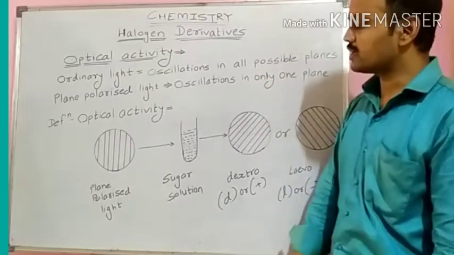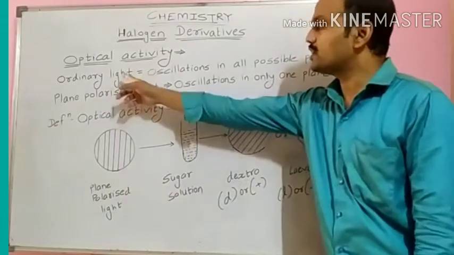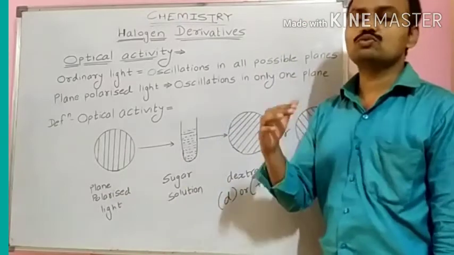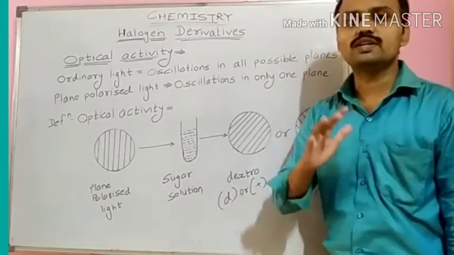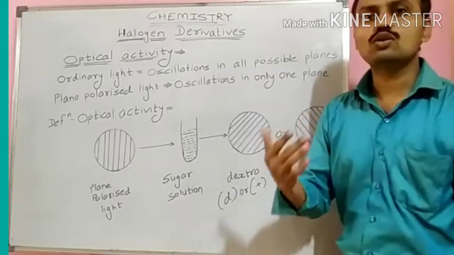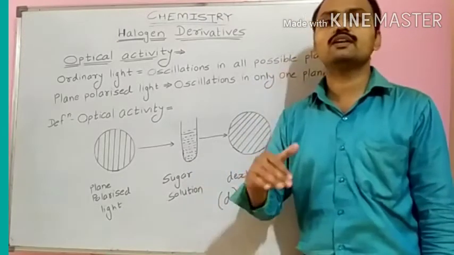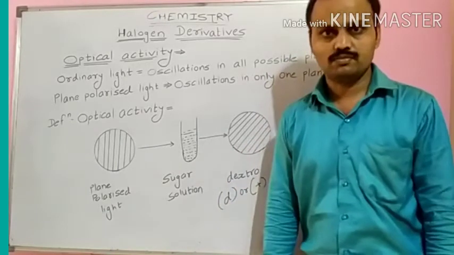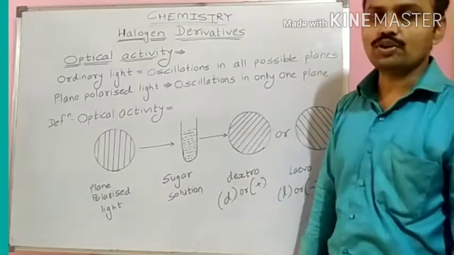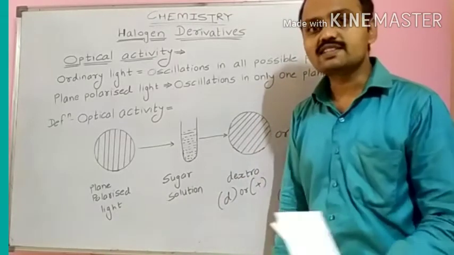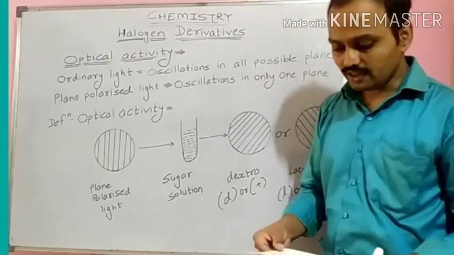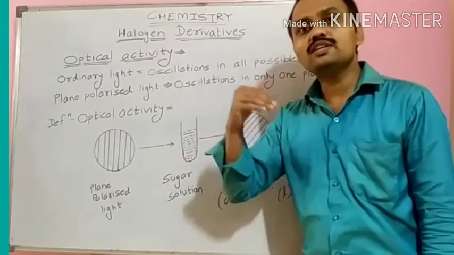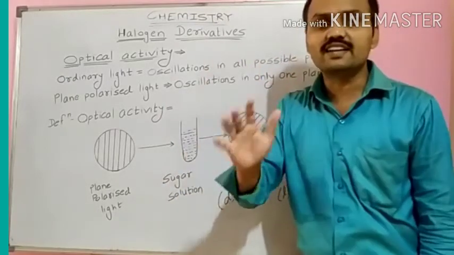One more remarkable thing about optical activity, students: if we have two or more optically active compounds which are non-superimposable mirror images of each other, they are enantiomers of each other, and their physical properties are the same, like melting point, boiling point, refractive index, except their optical activity. Their optical rotation magnitude is the same, but their direction is opposite.